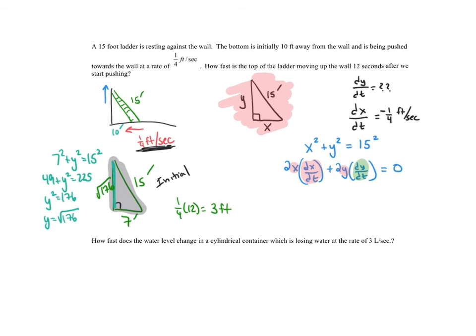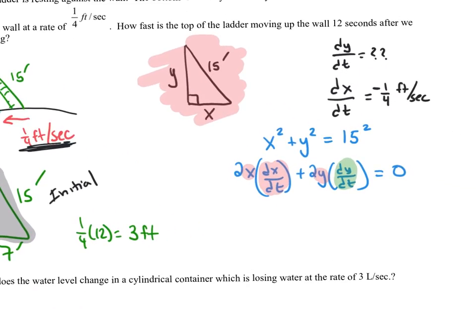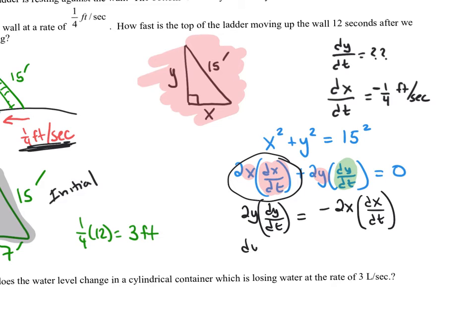Since we're trying to find dy/dt, I'm just going to solve for it. I will subtract 2x dx/dt to the other side. So I'll get 2y dy/dt equals negative 2x dx/dt. Then if I divide both sides by 2y, dy/dt is going to be negative 2x divided by 2y times dx/dt.